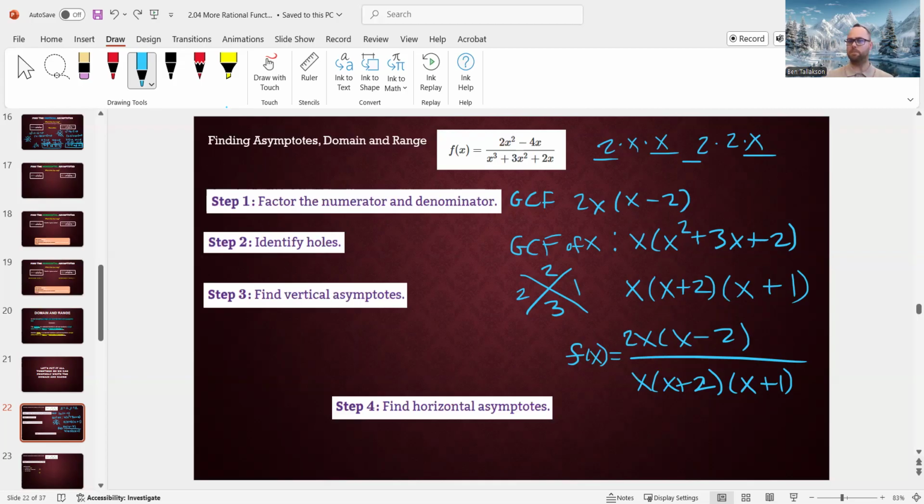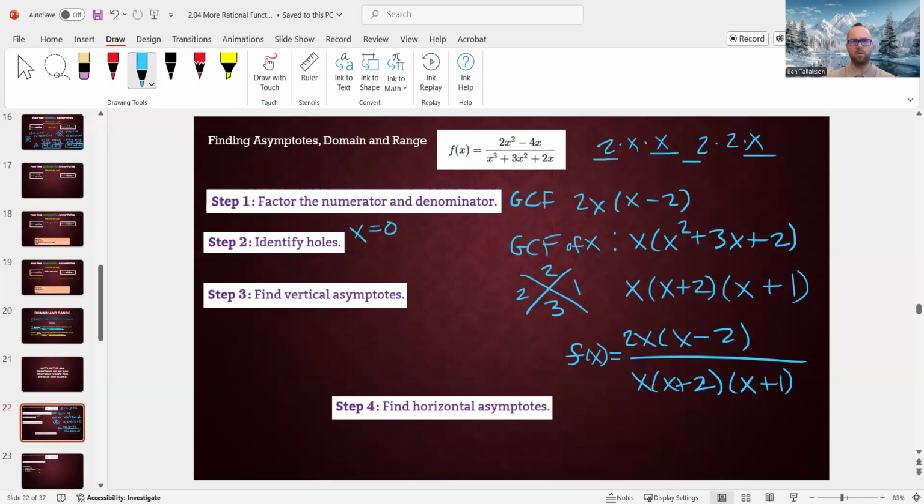I'm going to pump the brakes on that and go back to step 2 here, which is about identifying the holes. Because really what we needed is this denominator factored to find the holes, because this is a bit of a mess, right? Now this becomes much easier to set each factor equal to 0 and solve for x, right? So I'm going to do that here.